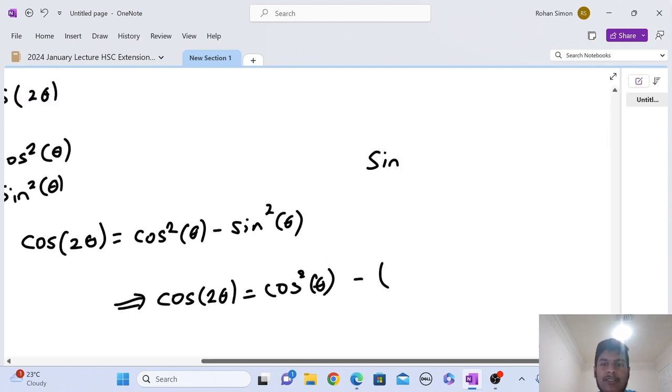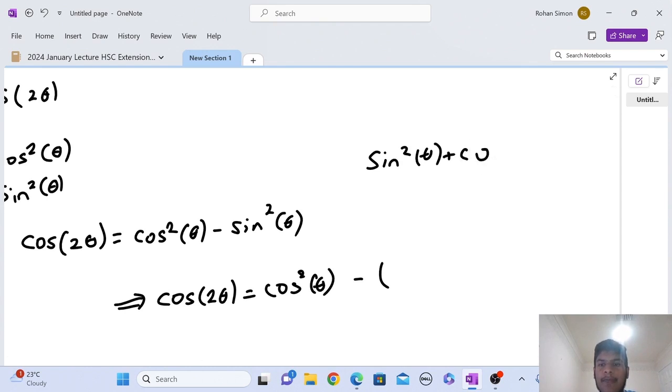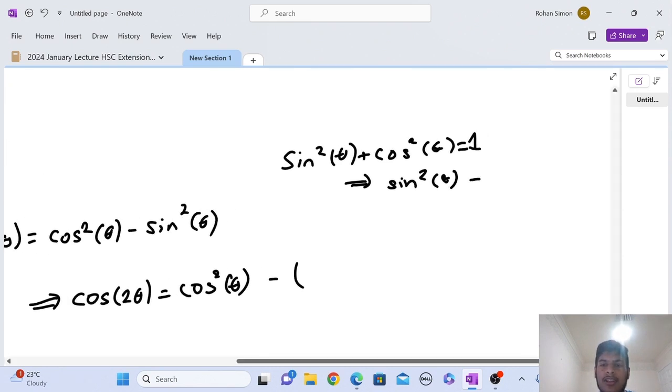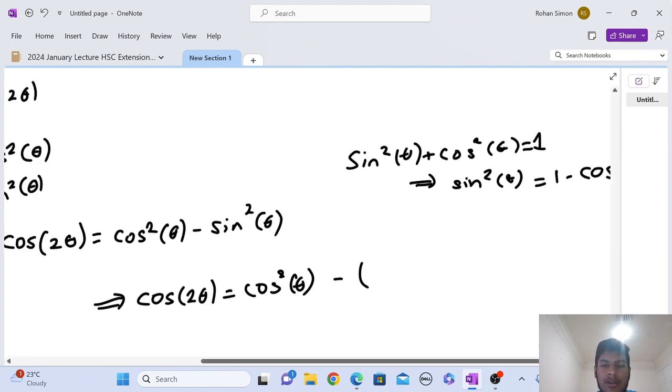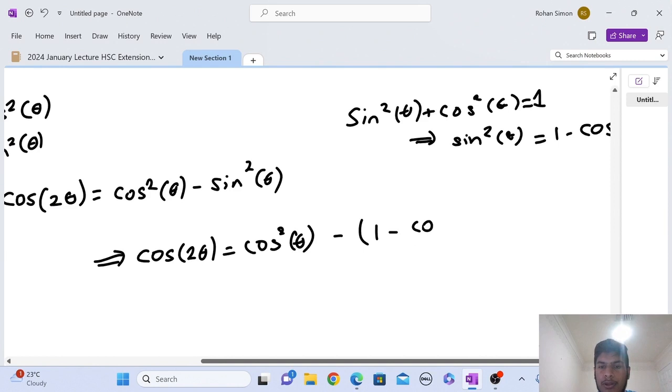So Pythagorean identity says sine squared theta plus cos squared theta equals 1. So if we want to express sine squared theta in terms of just cos squared theta, it's equal to 1 minus cos squared theta. So we get cos squared theta minus (1 minus cos squared theta).